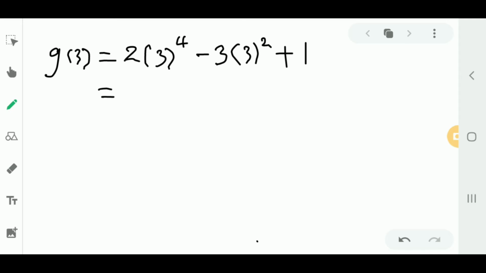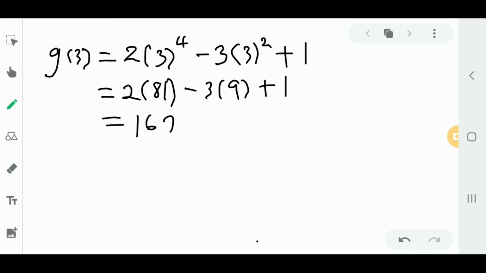Now, 3 to the 4th power, that's 81, so that's 2 times 81. 3 squared, that's 9, so that's minus 3 times 9 plus 1. Now 2 times 81, that's 162, minus 3 nines, 27, plus 1. When you simplify that, you're going to get 136, and that would be an answer.